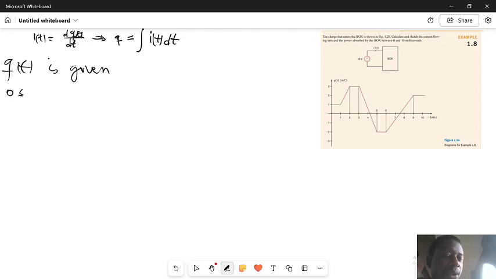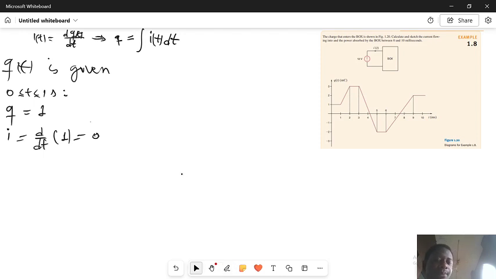From 0 to 1 second, as we saw yesterday, the charge is constant, Q equals 1. As we saw in the previous video, if the charge is constant, the current will be 0. Why? Because the derivative of the constant 1 is 0. So the current will be 0 when the charge is constant.